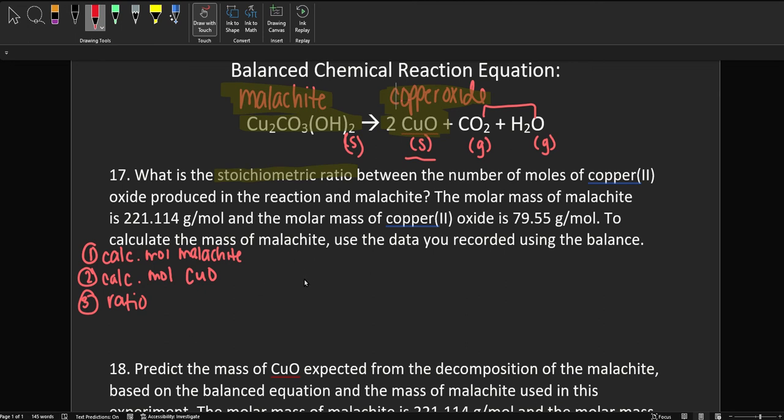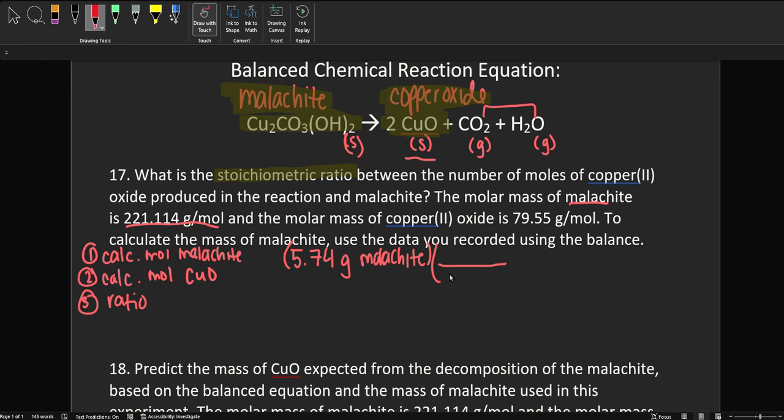To do this, I'm not going to spoil the answers for you. Instead, I'm going to use some different amounts that you will not get, so you're going to get something different. Let's say we started with 5.74 grams of malachite. They gave us the molar mass of malachite, and that's what we need to set up to get to moles.